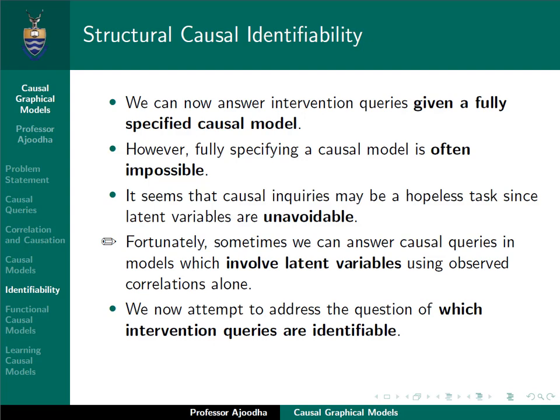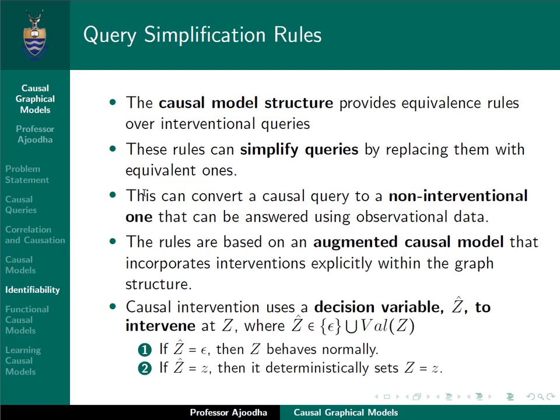All right, so this is where the query simplification rules come from. The causal graph gives us the rules for simplifying intervention queries. You can think of it that way. These rules can sometimes transform a causal query into an ordinary probabilistic query. And how do we solve an ordinary probabilistic query? We use variable elimination. We use approximate inference. We use particle-based inference, right?